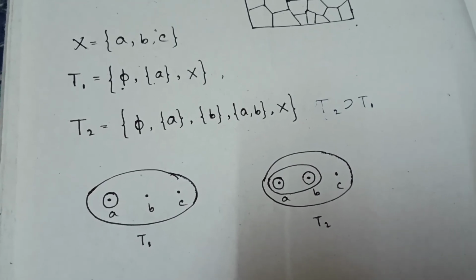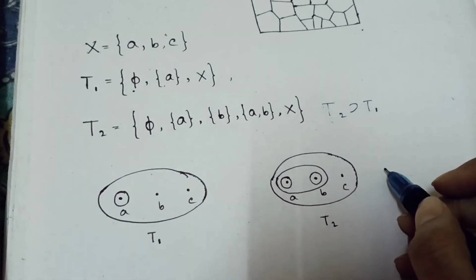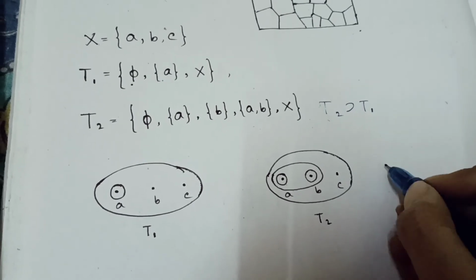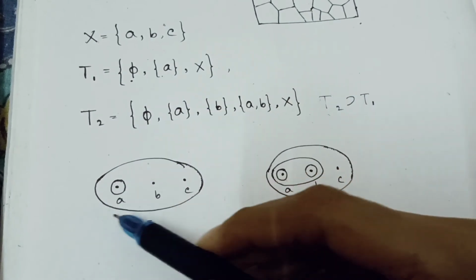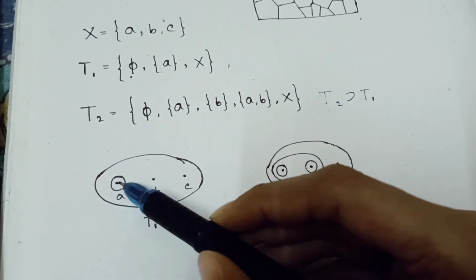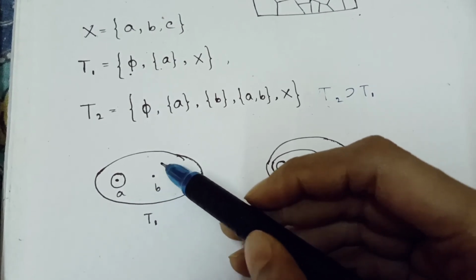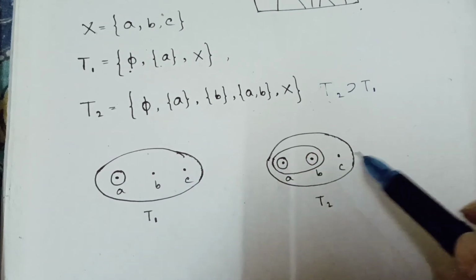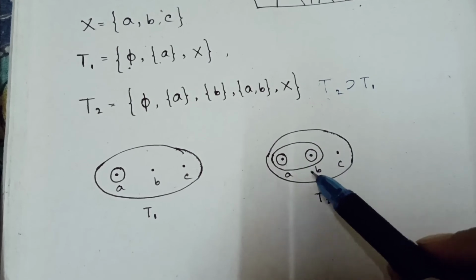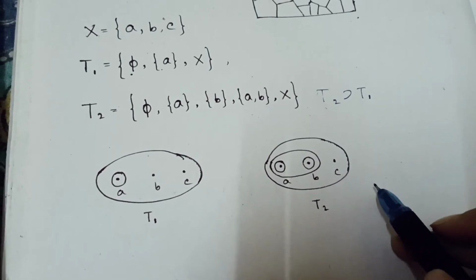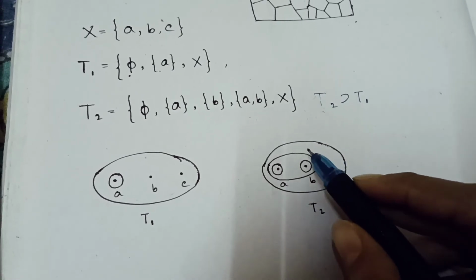Now, if I define stronger or weaker topologies in view of bases, then it will become a little different. See here, T1 contains phi, {a} and X. Phi is a null set, so I cannot draw it right here. And T2 contains {a}, {b}, {a,b} and X as well as phi. So what you can see is that T2 contains more elements.